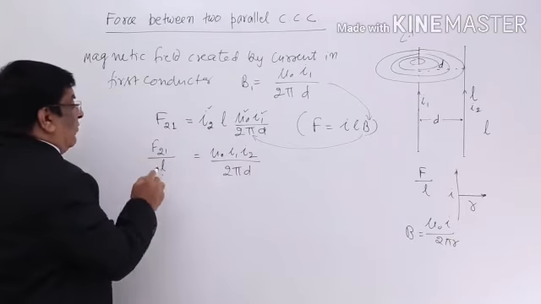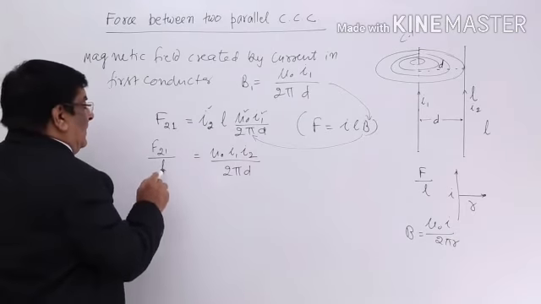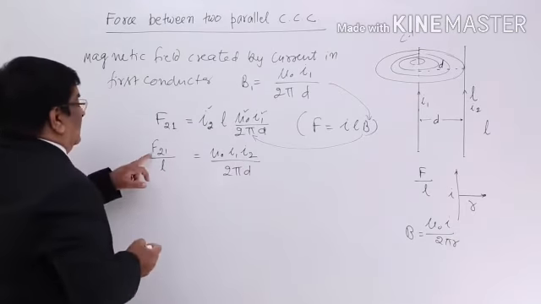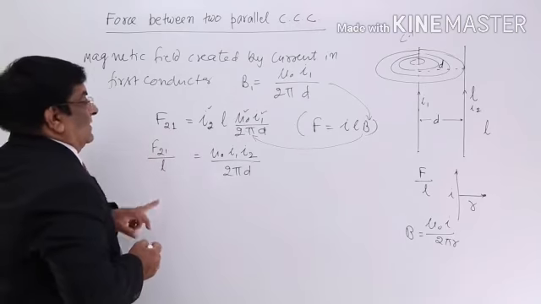This is the force per unit length, force per meter, on conductor number 2 by conductor number 1.